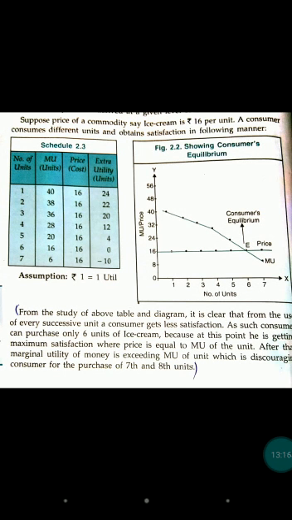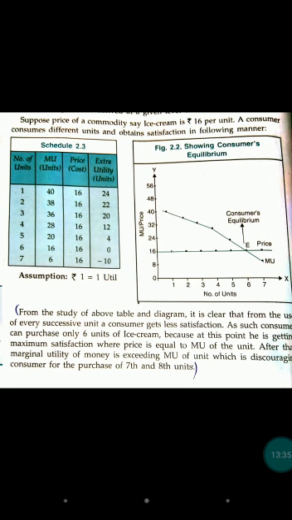Now from the study of the above table and diagram, it is clear that with the use of every successive unit, meaning as we continuously consume units, the consumer gets less satisfaction. As such, the consumer will purchase only up to 6 units, because at this point he is getting maximum satisfaction.